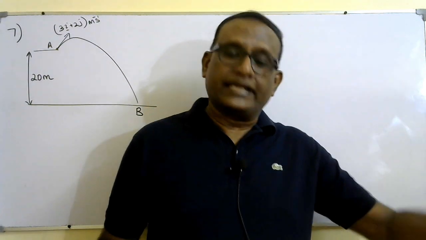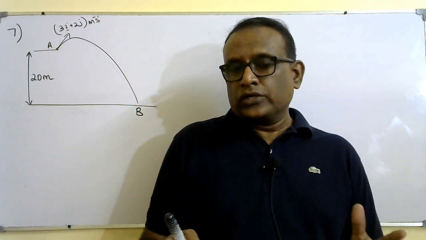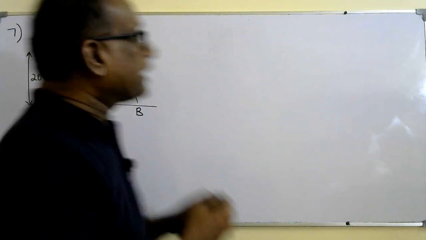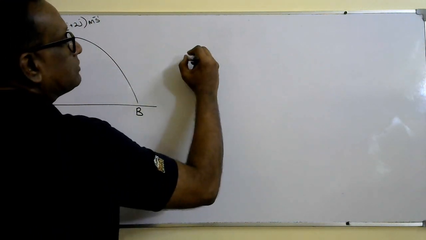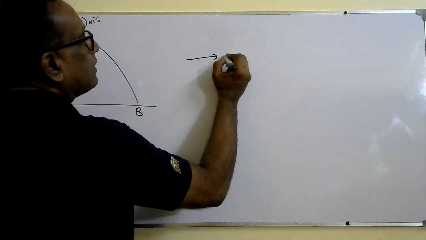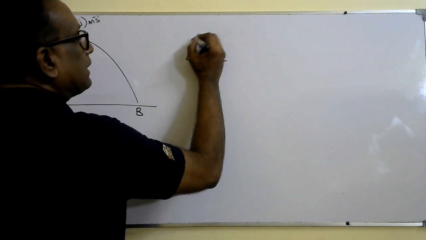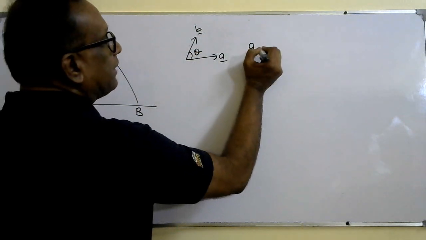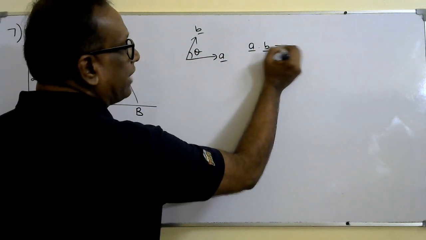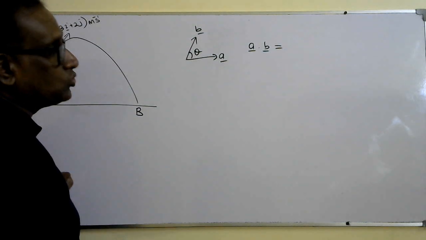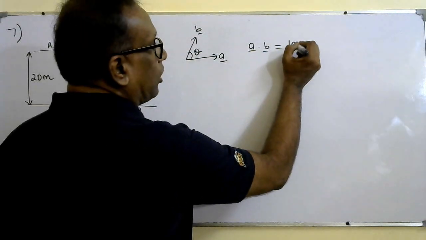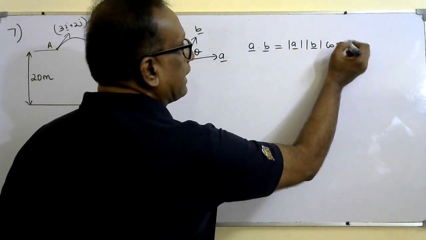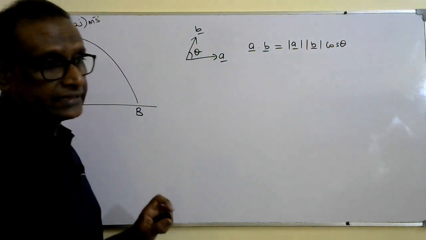For two vectors A and B with angle theta between them, A dot B is defined as mod A times mod B times cos theta.